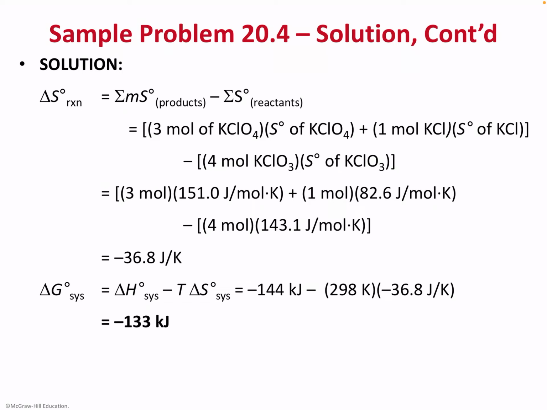Negative 144 kilojoules minus 298 Kelvin, which is the temperature, times 36.8 joules per Kelvin, which you divide by 1000 to make it kilojoules.